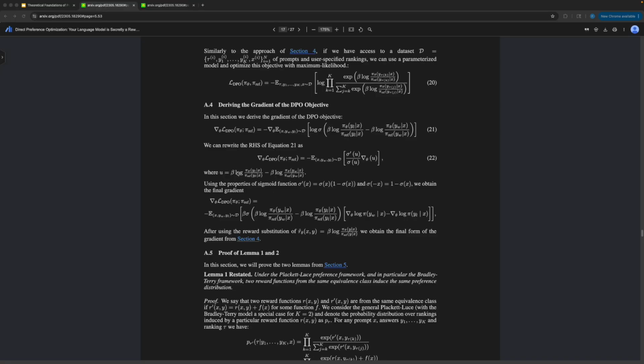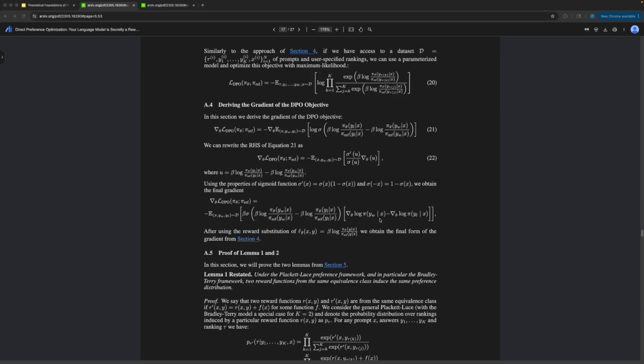If you look at this term here, it's log of pi theta minus log of pi ref. The derivative of log of pi ref with respect to theta will be 0, since this particular term doesn't depend on theta.